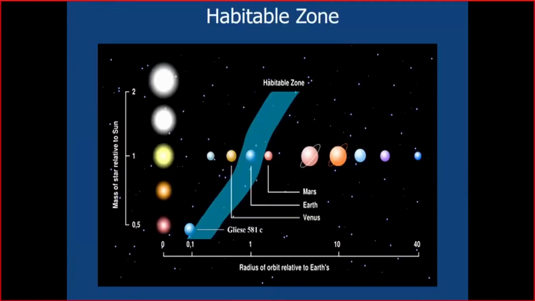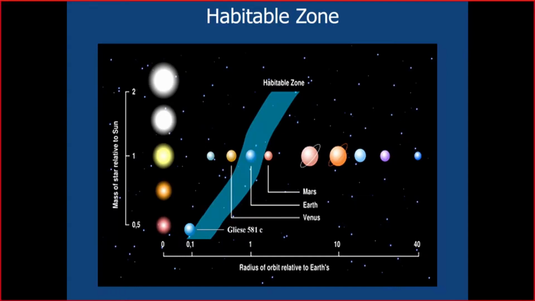If the mass of the stellar body, the star, is high, the zone exists at larger distances to have that environmental condition. If the mass of the stellar object is small, it is less bright, and the favorable zone is relatively closer.